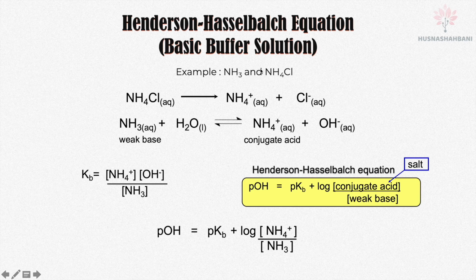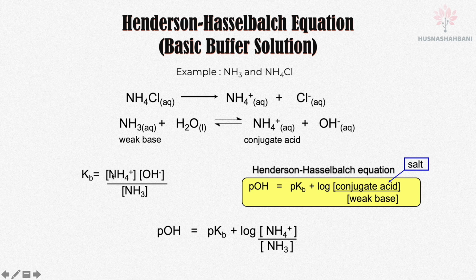Example, NH3 and NH4Cl. NH3 is the weak base, NH4Cl is the salt. The salt NH4Cl will completely dissociate to become anion and cation. The anion Cl minus, the cation NH4 plus, all in aqueous form. The weak base dissociates very slightly in water to become the conjugate acid NH4 plus and OH minus.